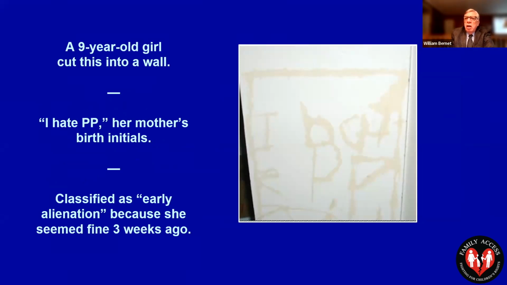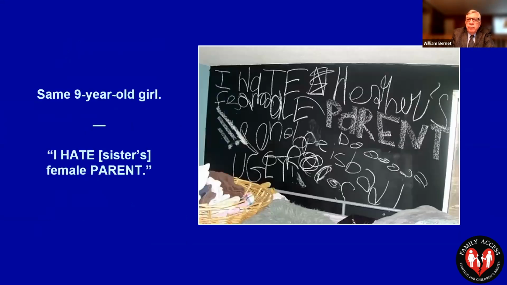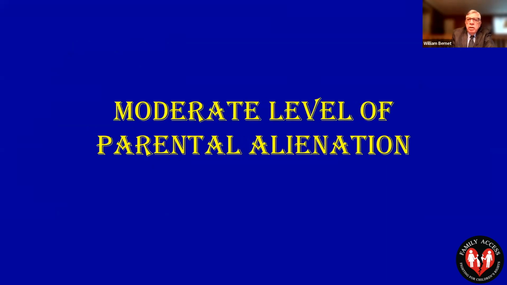So I'm classifying these as early parental alienation or mild, because just in terms of the history, this seems to be an early stage of what later progressed to something more severe. So let's move on. That was mild.